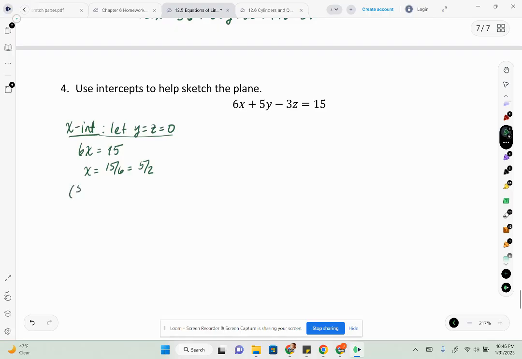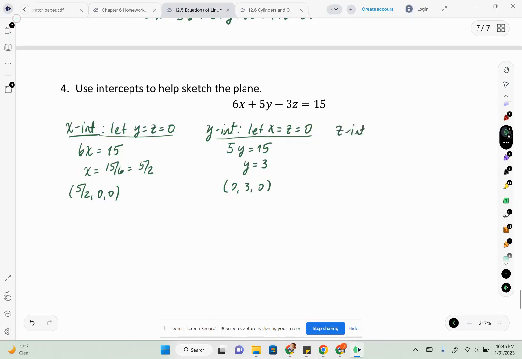So I get an intercept at (5/2, 0, 0). The y-intercept, very similar, except I'm going to let x equals z equal 0. When that happens, we get an equation 5y is equal to 15, so y is equal to 3, and the intercept is (0, 3, 0).